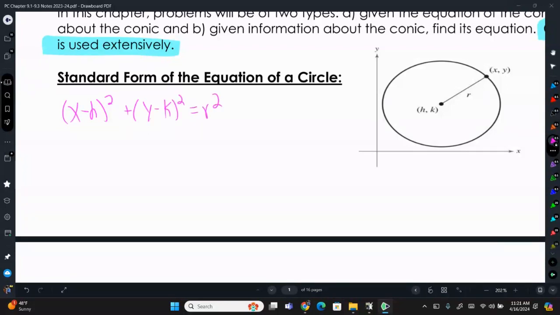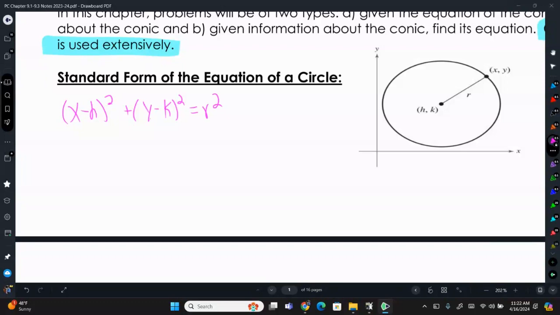Now, we talked about h and k when we talked about the families of functions back in the beginning of the year. You know, the absolute, the quadratic, the cubic, the square root, the cube root, and we had those h and k terms. And the h value affected the x left and right, and the k value affected the vertical movement up and down.